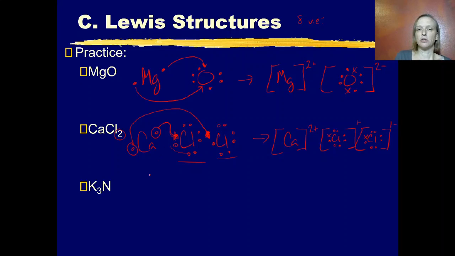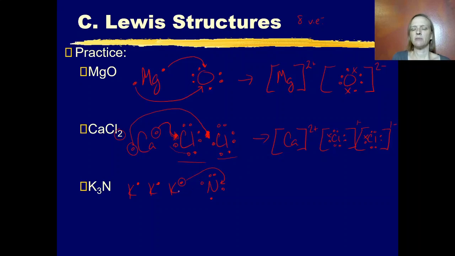The last example we'll do in detail is potassium nitride, where potassium has 1 valence electron, but we have 3 of them. And nitrogen has 5 valence electrons. And now this potassium gives up its electron, and nitrogen is here to accept it.